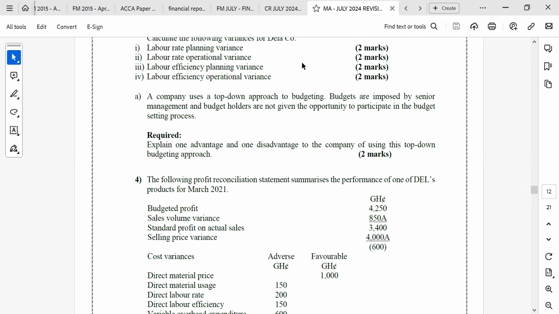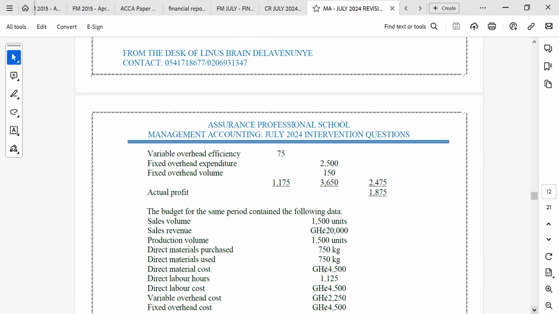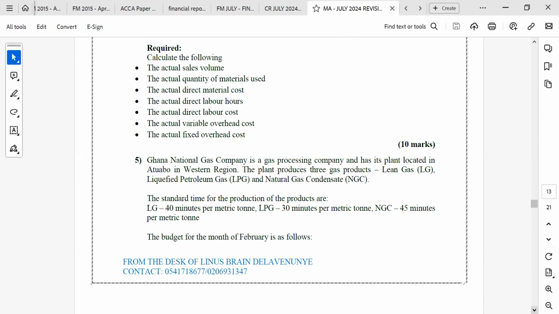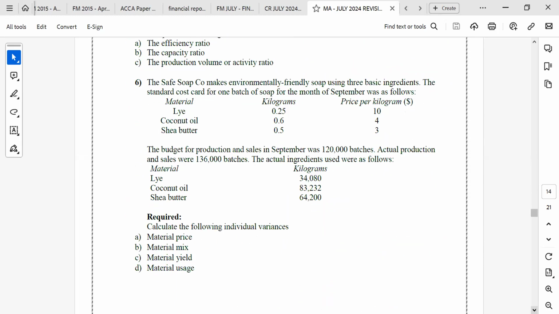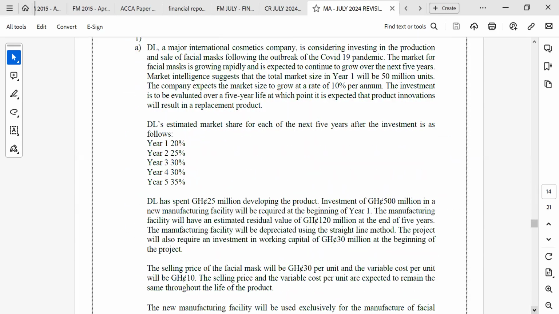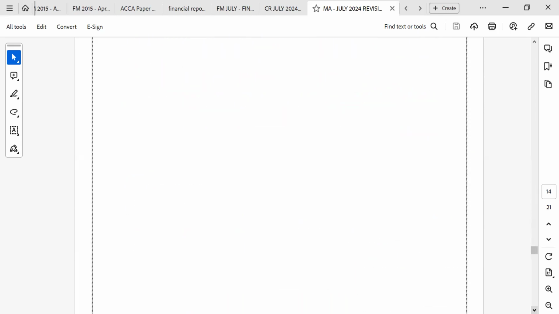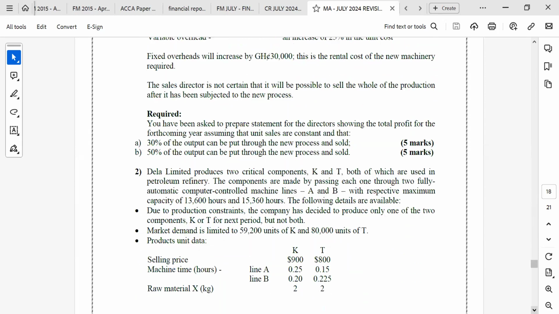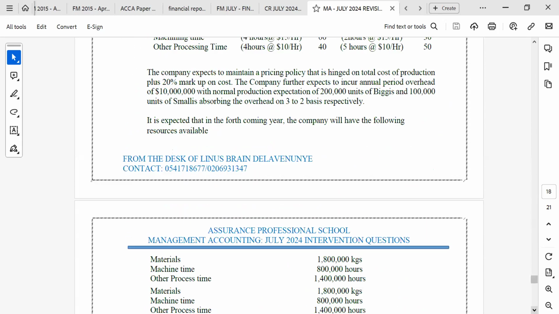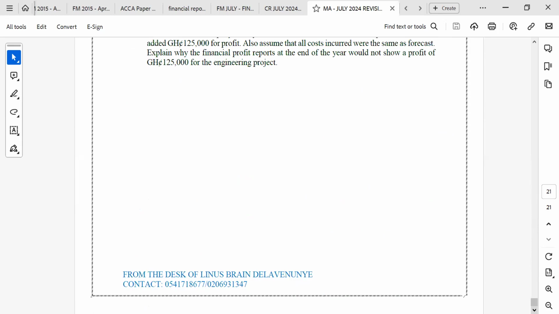Let's see whether we can tackle question number 4 and question number 5 before the close. Tomorrow we try to look at short-term decision making, and I'll get a time for it so that we look at long-term decision making.